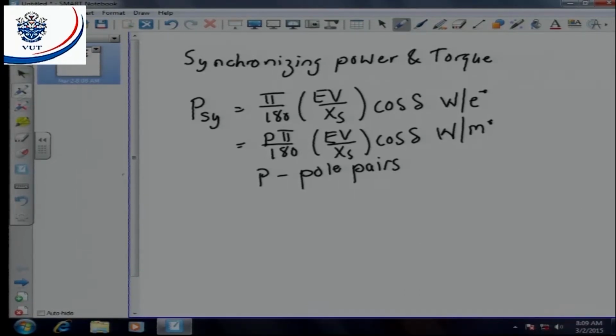The synchronizing torque is equal to the synchronizing power divided by omega_s, where omega_s is your synchronous speed in radians per second.